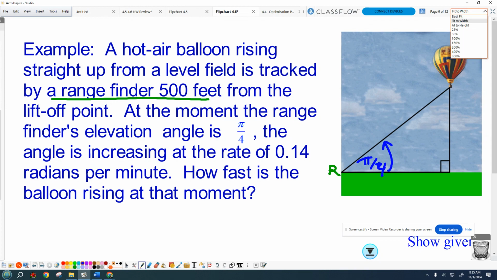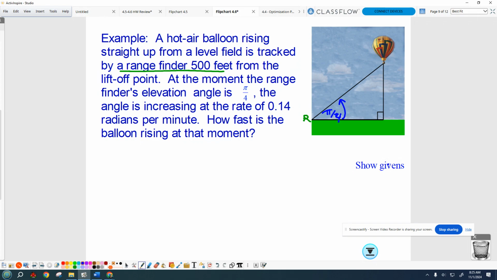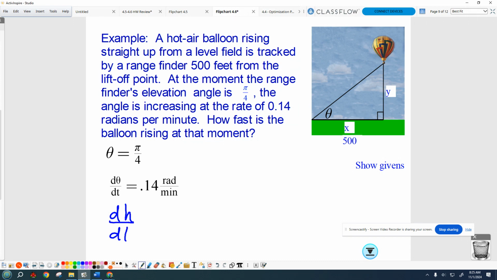So label your picture with those things.